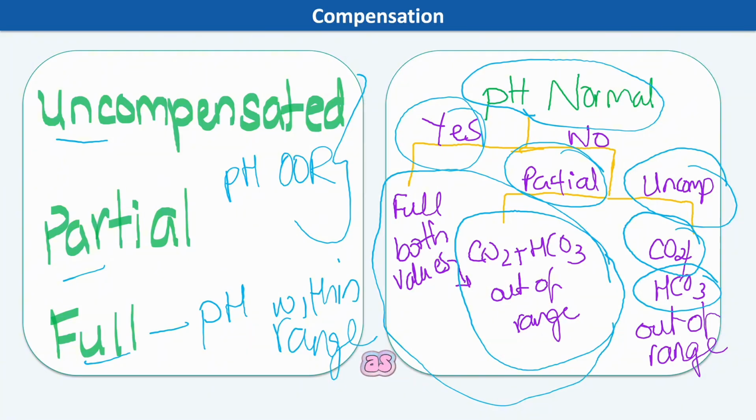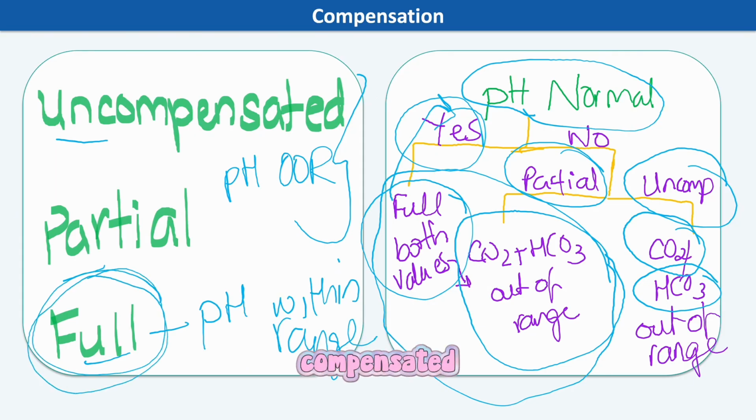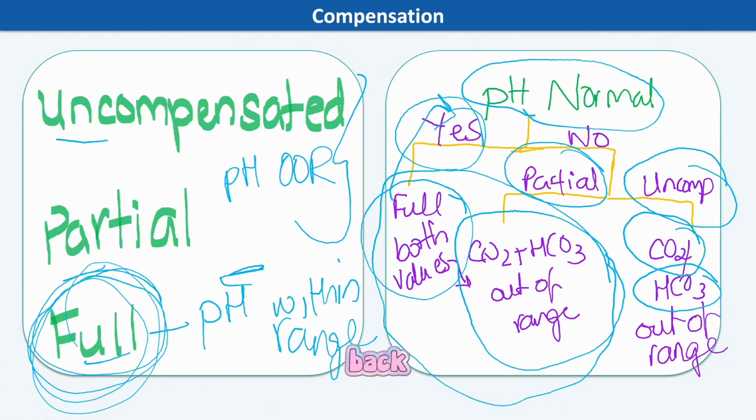So it's the same thing as with partial, but here the pH is back to normal. So then we know that it has been fully compensated. So the body was working to get the balance back. Okay?